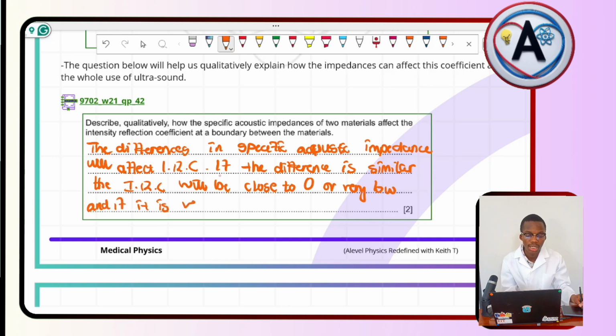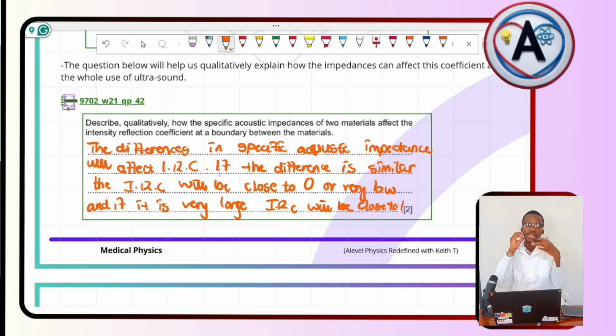And if the difference is very large, the IRC will be close to 1. Okay, I hope that makes sense. So the differences in the acoustic impedances affect the intensity reflection coefficient by utilizing that equation.